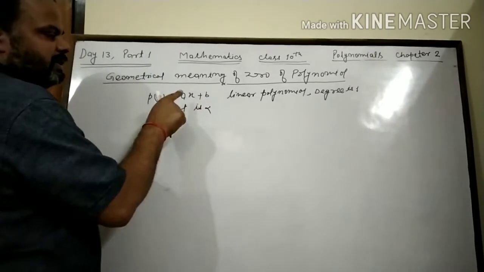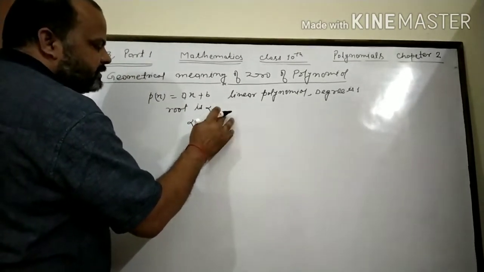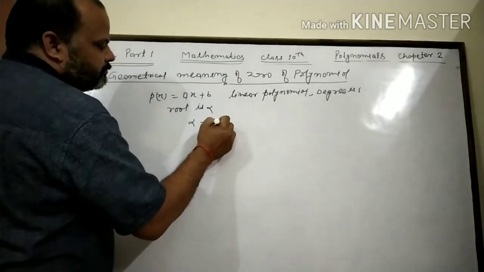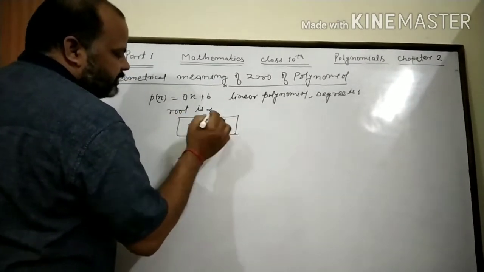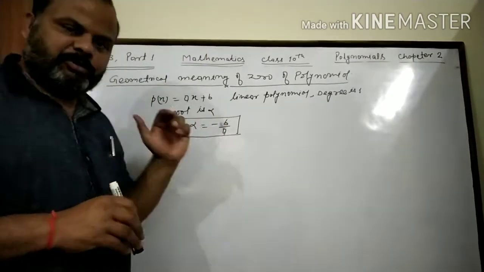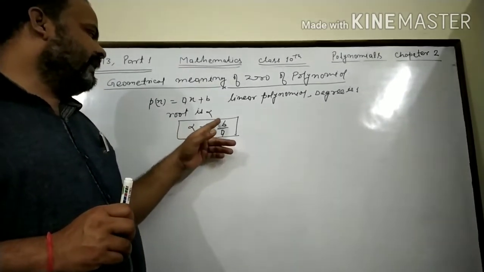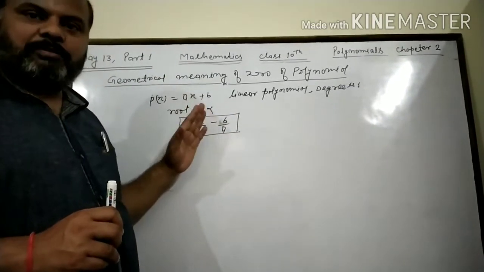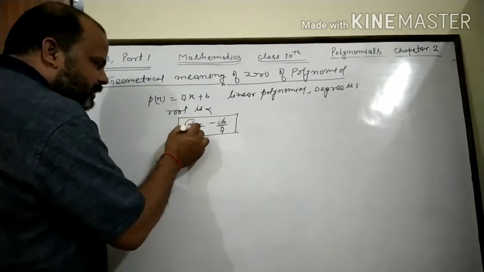Why one root? Because it has 1 degree. Then alpha is equal to minus b upon a. It is the relation between the roots and coefficients of a linear polynomial. Clear?